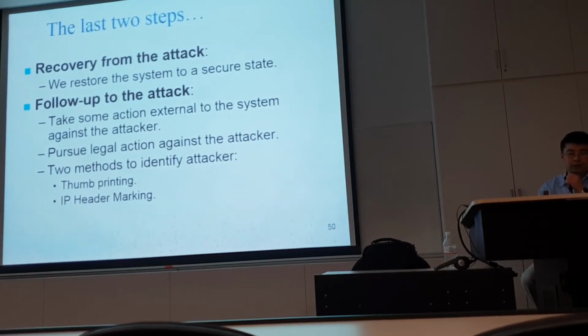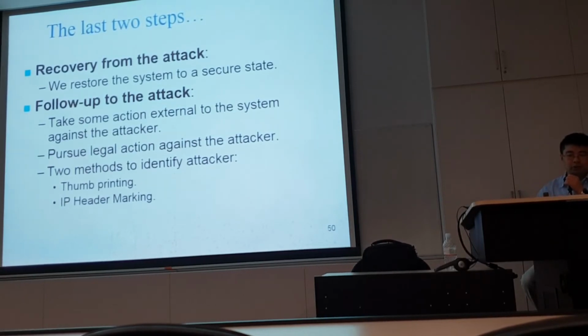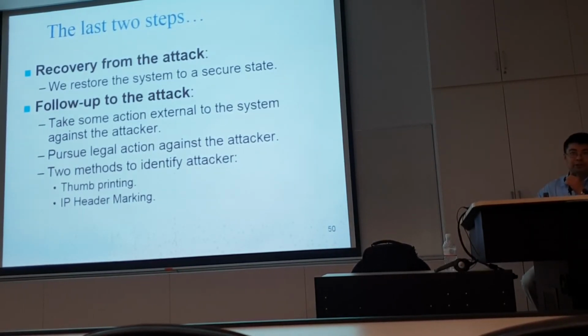Then when a particular intrusion happens, each network node can identify, for a particular IP packet, what the previous node is. In this case, you can trace where the source of the attacker is. So this is used to identify the attacker.